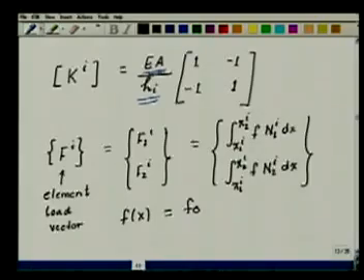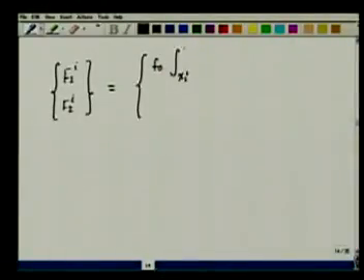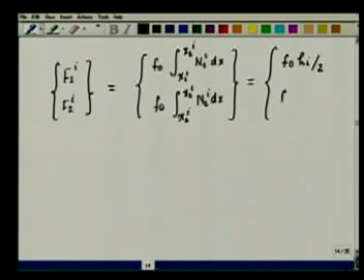So then what does this become? Here we will get f1 of i, f2 of i is equal to f0 into the integral over the element, and this, after doing the integration, it's quite easy to show, is equal to f0 into hi by 2 and f0 into hi by 2.